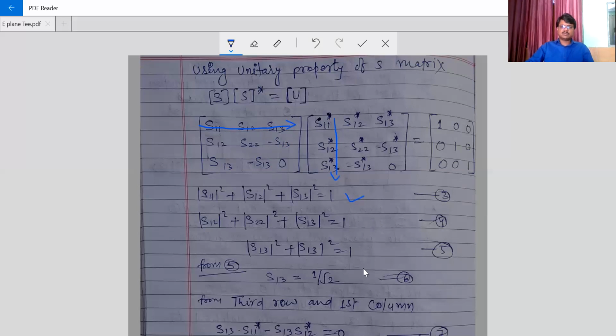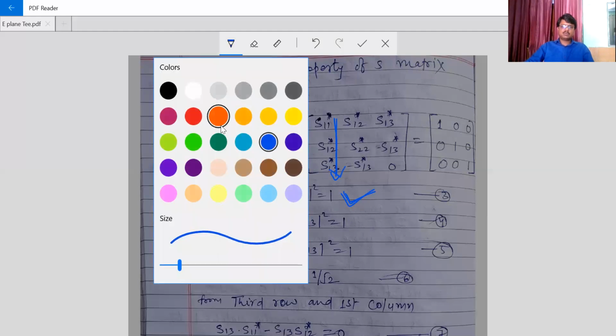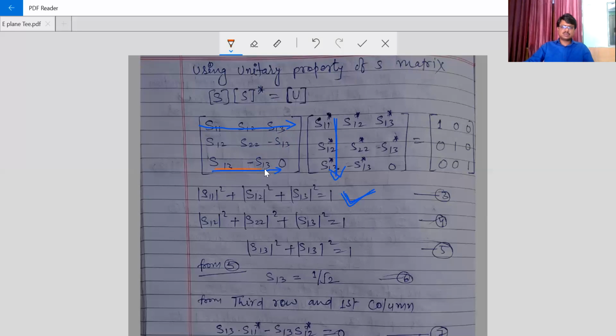Where is the relationship? The third row and the first column. We will not use the equations from the first row and first column again, because by using these two we have already written this equation. So here we will use the third row and the first column.